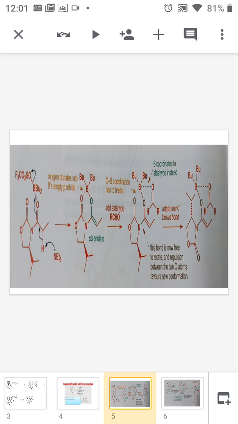See here, the position of the methyl group is shifted away from the observer.